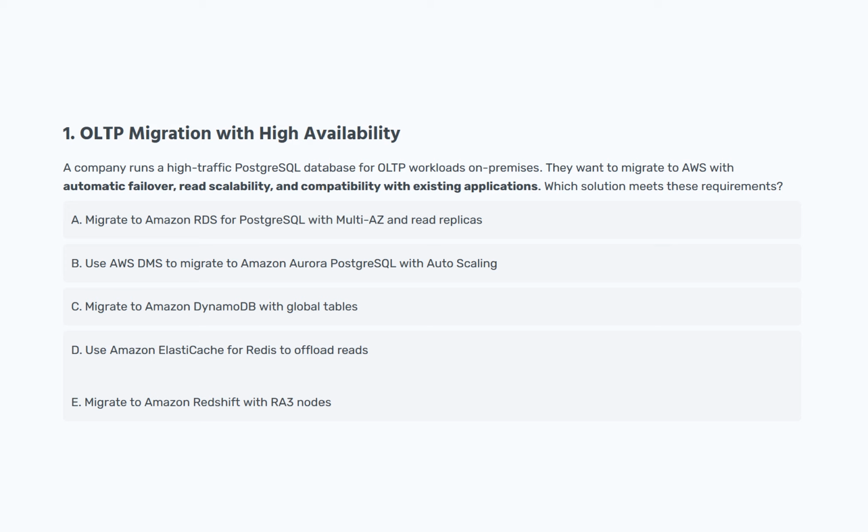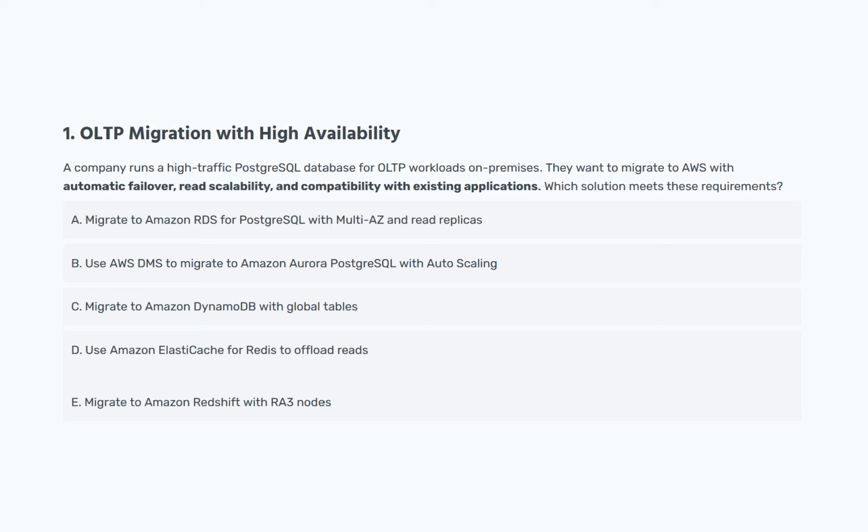All right, so what do you think? Which one is going to be it? Migrate to RDS PostgreSQL with Multi-AZ and read replicas is one of the options, but when you're talking about scalability and automatic failover and all the other combined requirements, I think the second answer would be the best.